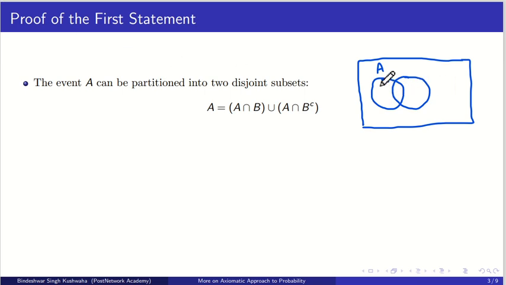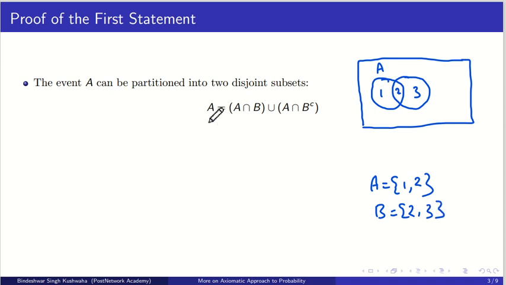So here if A contains 1 and 2, and B contains 2 and 3, I am writing here A: 1 and 2, and B: 2 and 3.